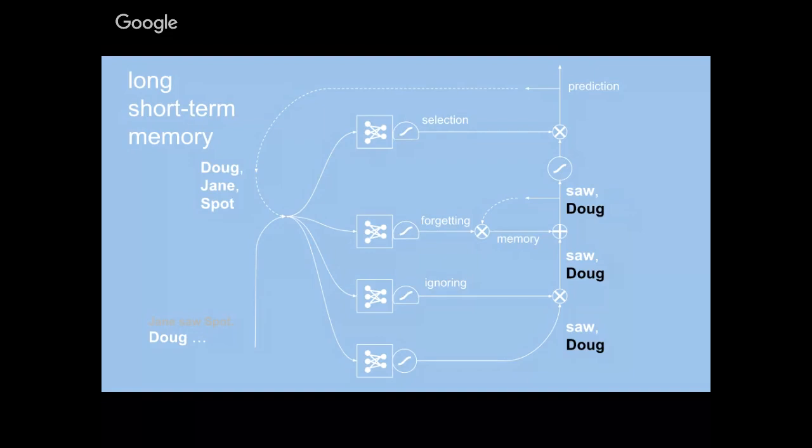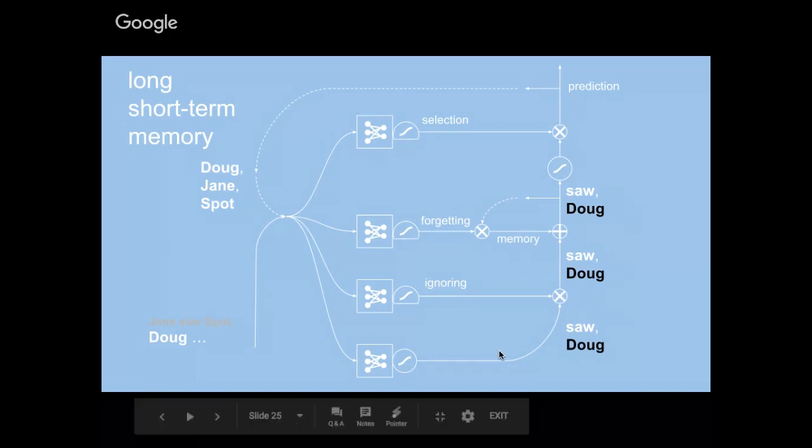Okay, my understanding is that the forgetting gate should output a positive score for Doug. And when you add it, it basically cancels out the Doug that it was propagating forward, right? What was your observation? Your observation was Doug.